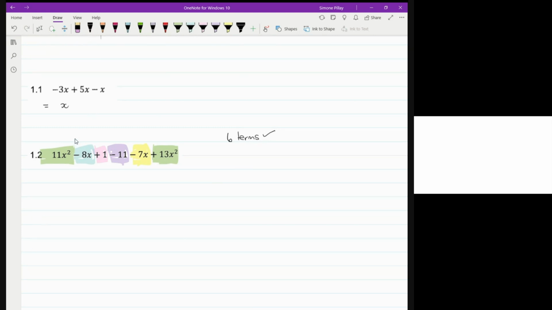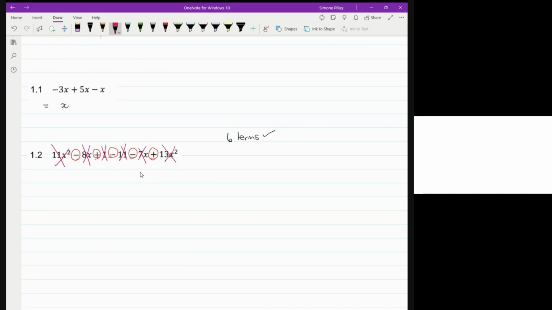Remember, Liaho, what we do is we literally say, okay, my terms are separated by pluses or minuses. So I'm literally going to circle my pluses and minuses, and I'm going to now count how many numbers or terms are in between. 1, 2, 3, 4, 5. Oh my gosh.